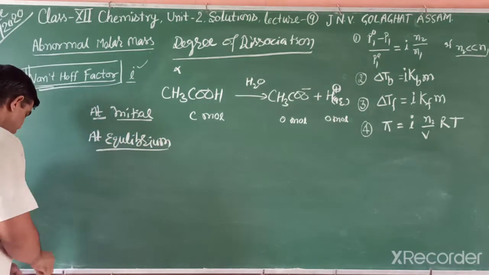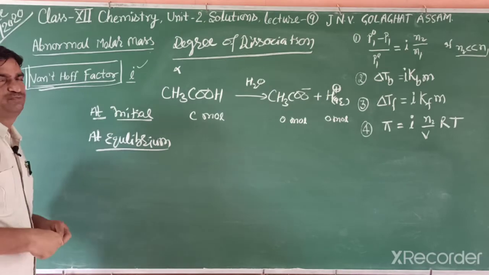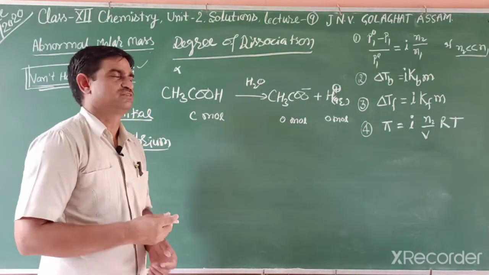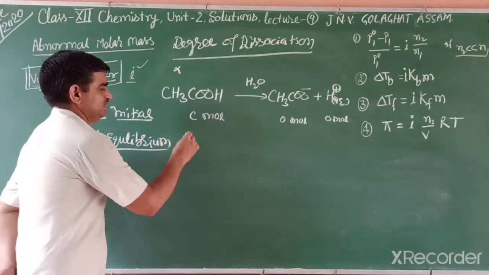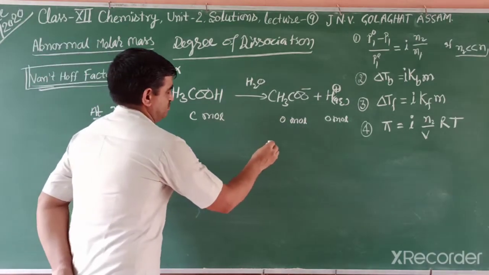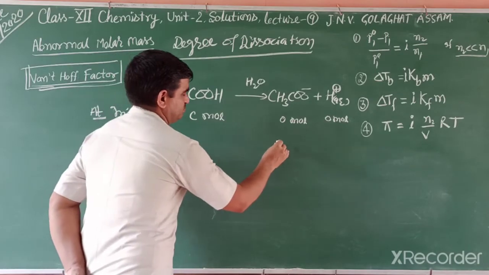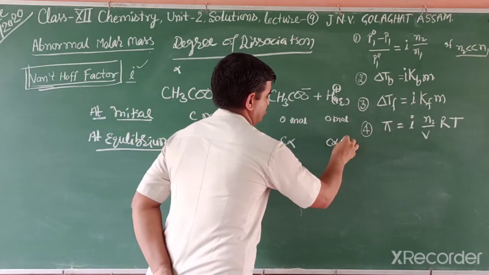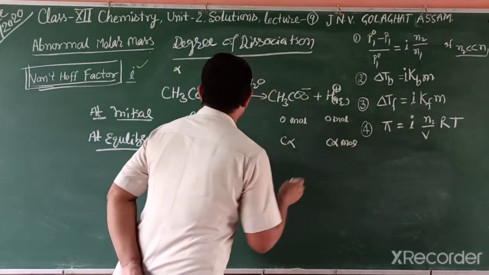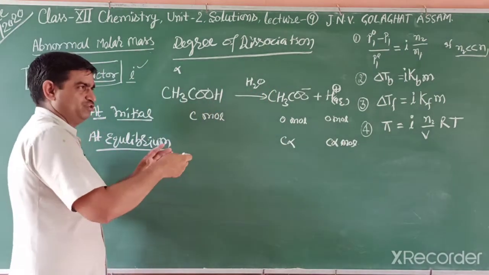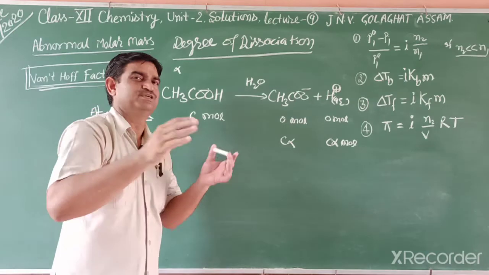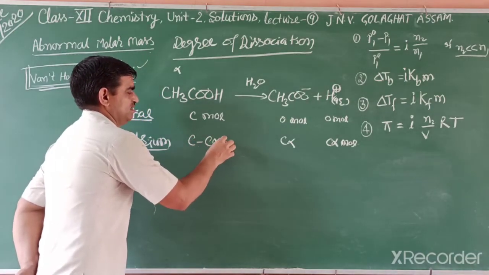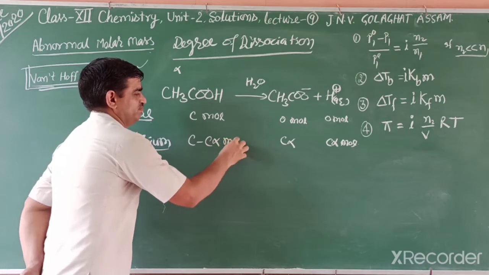what happens? At equilibrium, suppose alpha is the degree dissociated, then the formation of this one is C alpha and this also is C alpha formation. Suppose out of 100, 10% dissociate, so the remaining is C minus C alpha mole.